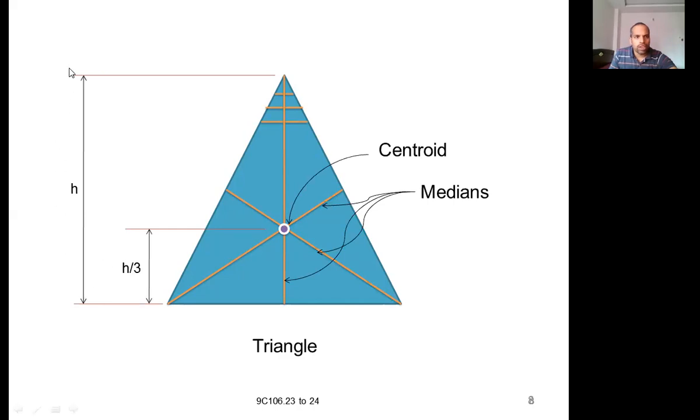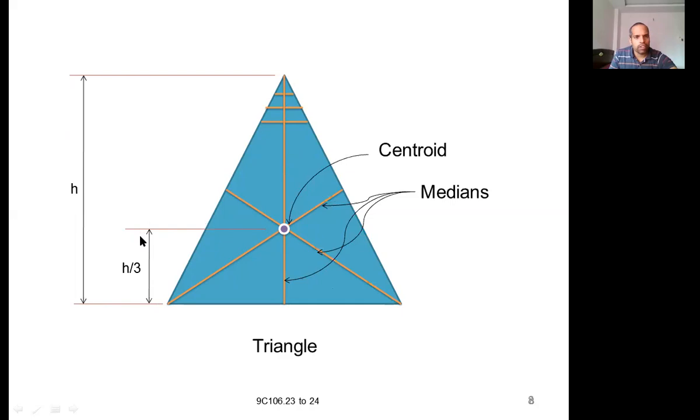The height of the triangle is h, and this point lies at a height of h by 3. Take any simple triangle, it may be equilateral or any other triangle. Draw the medians and see that they meet at one point.